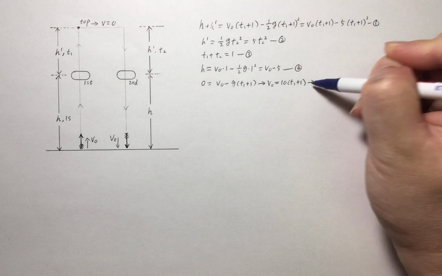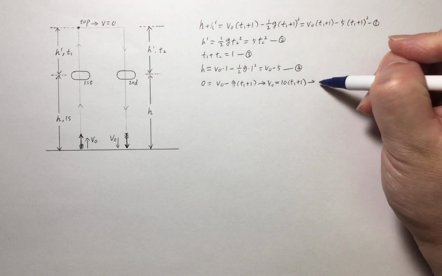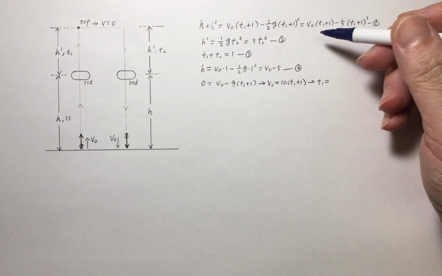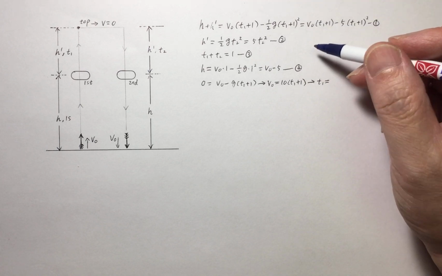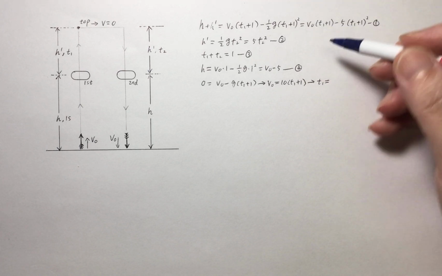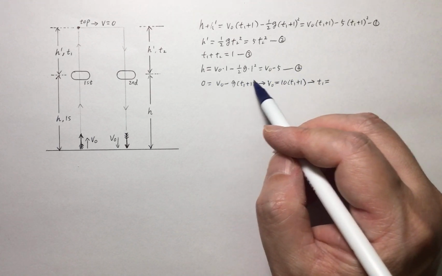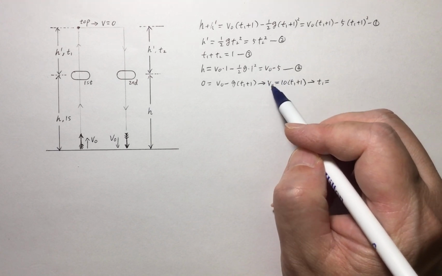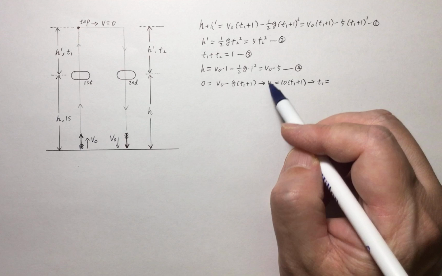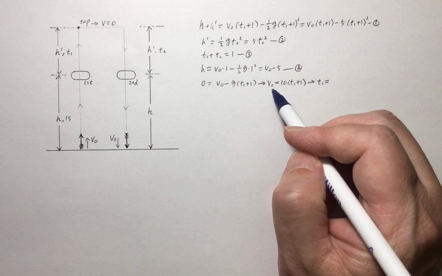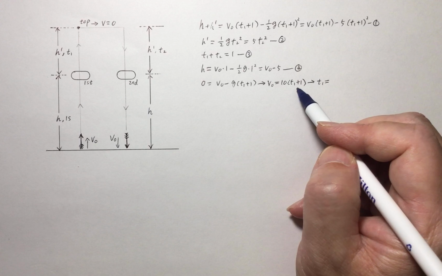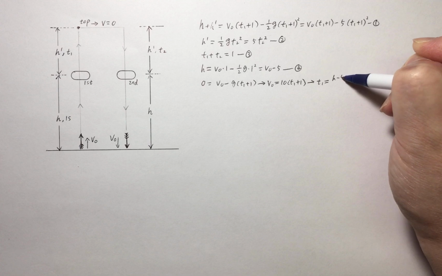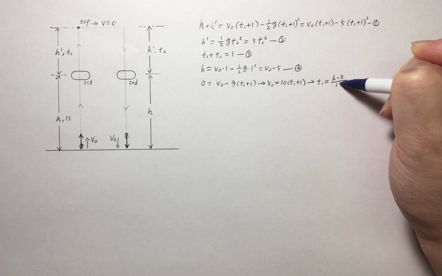Because h is equal to v0 minus 5, v0 is h plus 5. So we get t1 is (h minus 5) divided by 10.